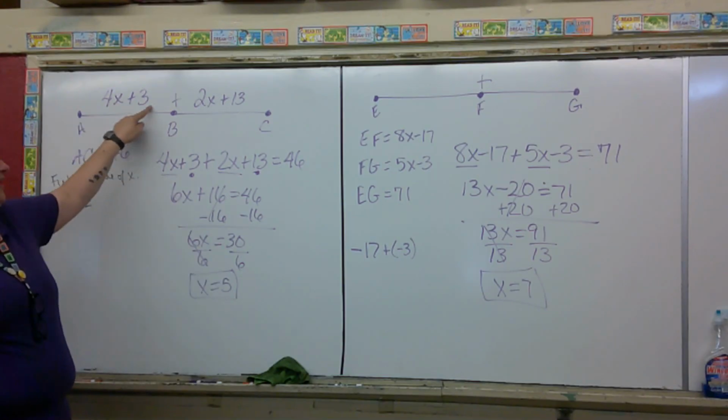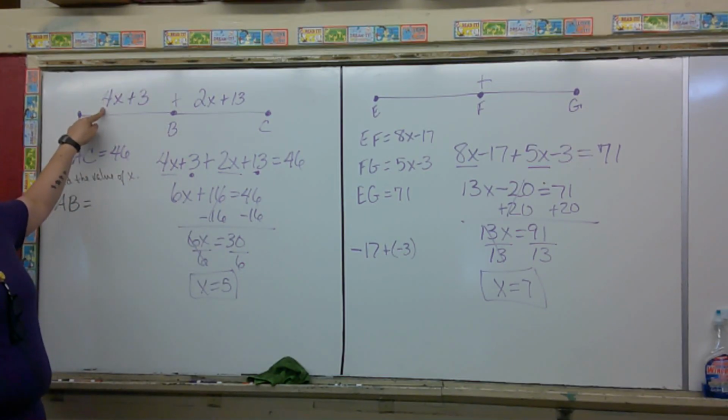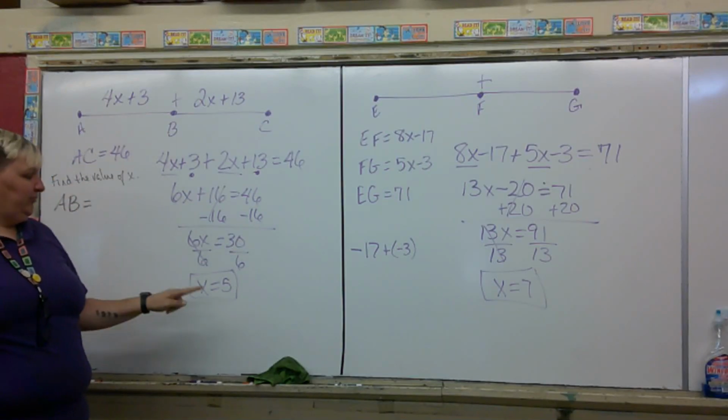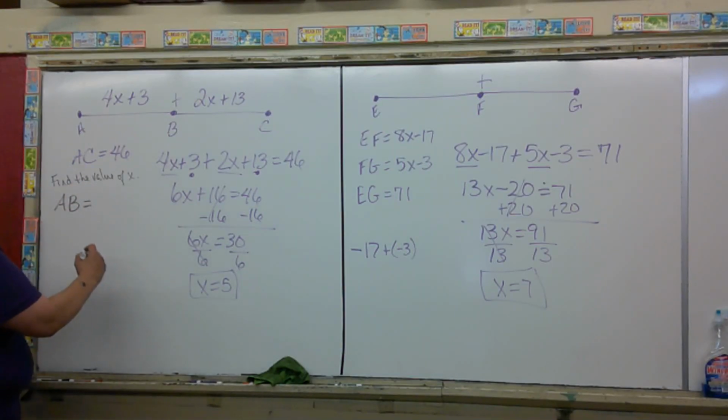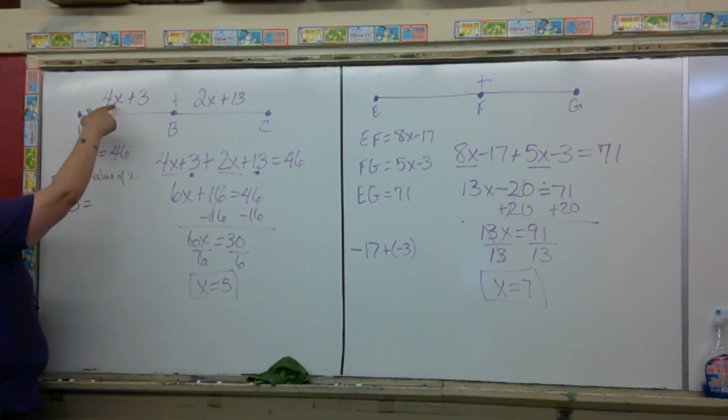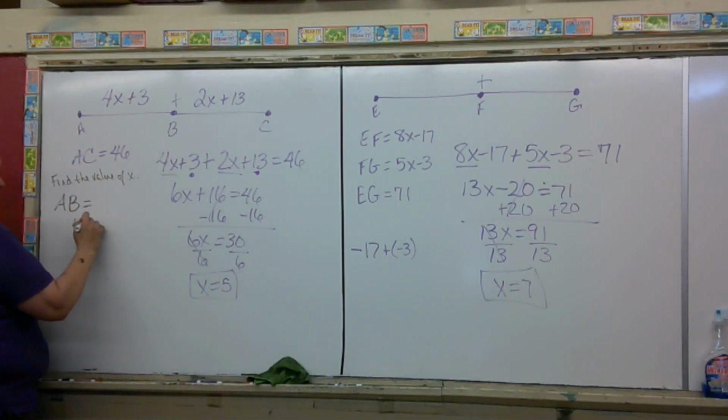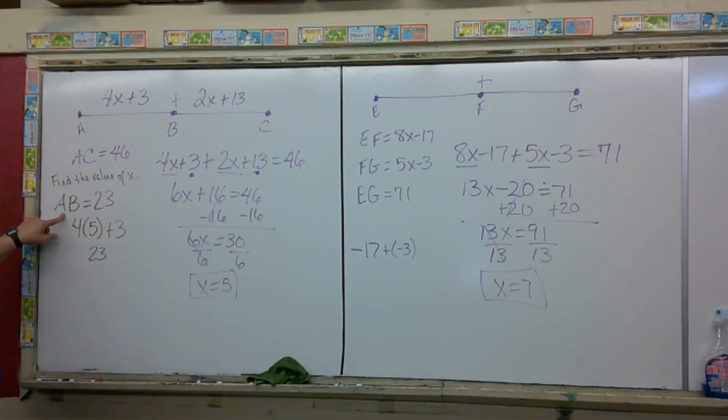So we're going to rewrite this expression, but instead of x, we're going to put times 5. Put it in parentheses to remind you to multiply. So 4 times 5 plus 3. This is 20 plus 3. So the distance between A and B is 23.